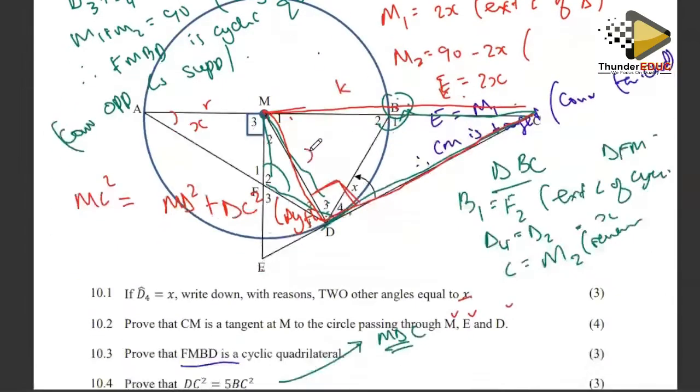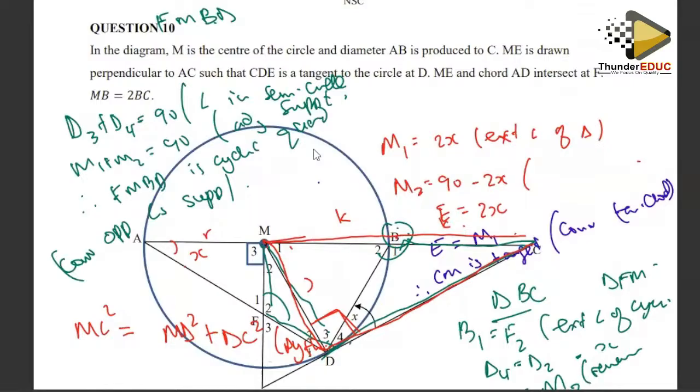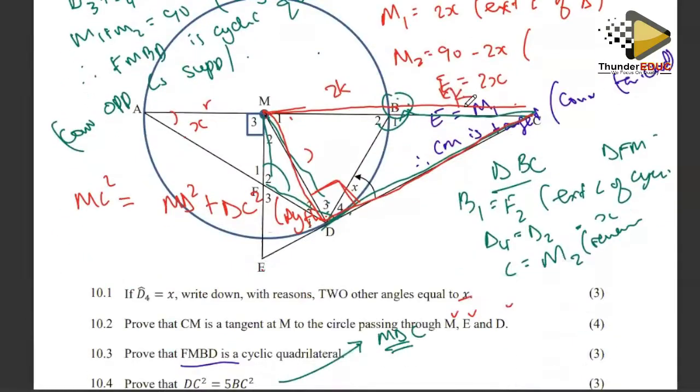Meaning that my MC, wait a minute, MB alone is twice BC. If this is a K, this is gonna be twice K. That's the meaning, eh? So we're gonna have 3 BC squared. Our MB is this, which is twice BC squared.